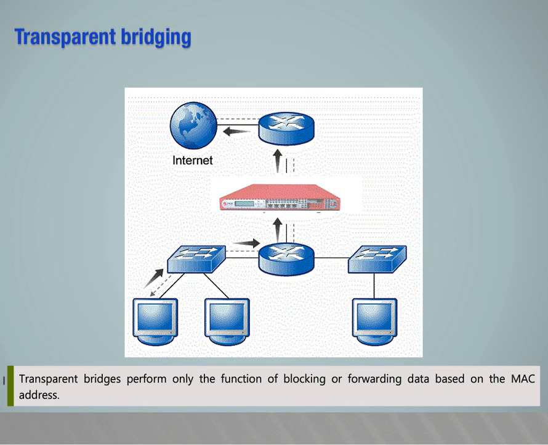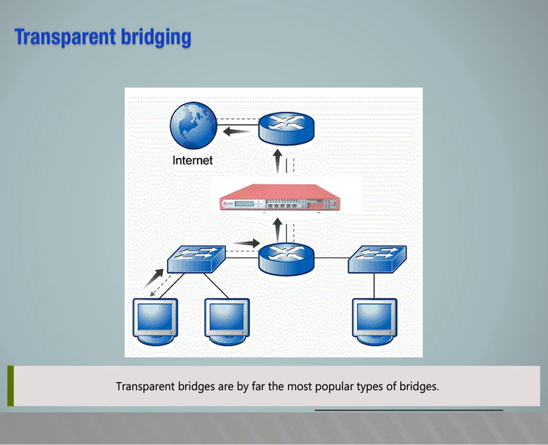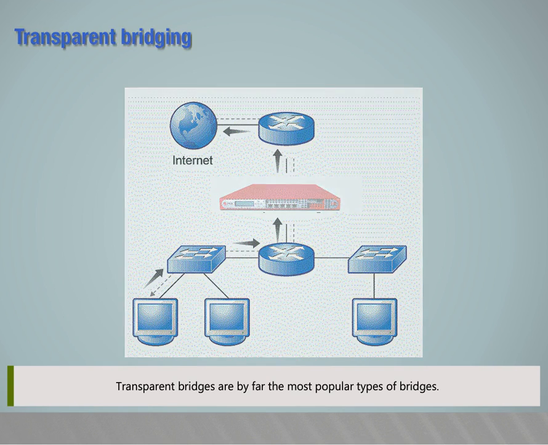Transparent bridges perform only the function of blocking or forwarding data based on the MAC address. The devices on the network are oblivious to these bridges' existence. Transparent bridges are by far the most popular types of bridges.